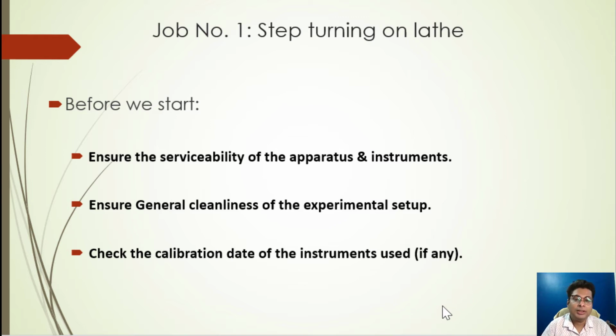Then ensure general cleanliness of the setup, because this is a power tool, and if proper cleanliness is not observed, it may impair the total machining setup we use for metal cutting.